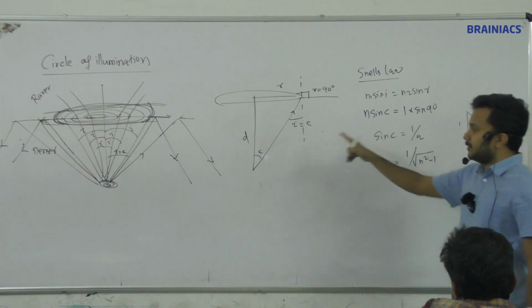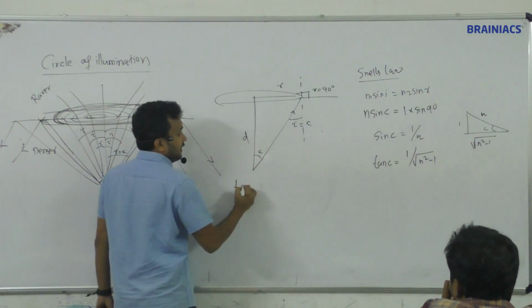Why am I taking tan C? Because I require it to find the radius. What is tan C in this triangle?